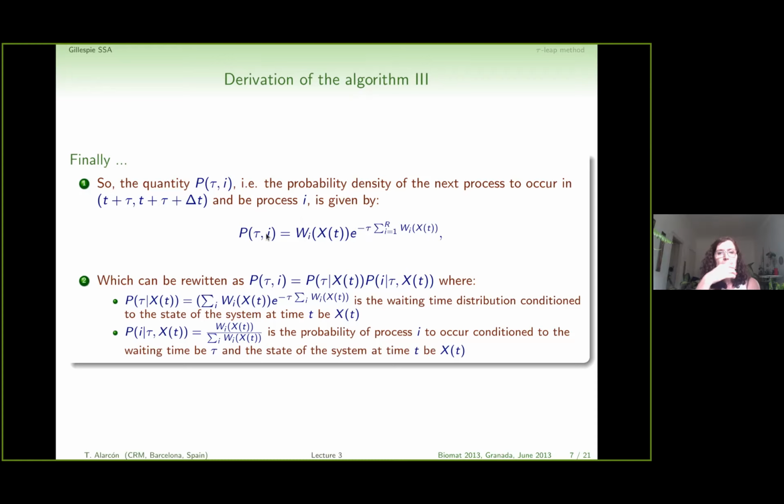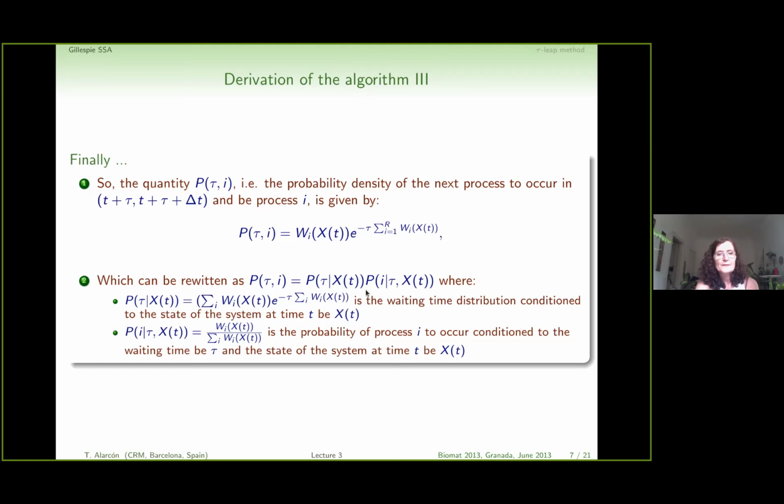You have this expression, and now you multiply and divide by this sum here, and then you group factors, and you will see that you can write it in this way.